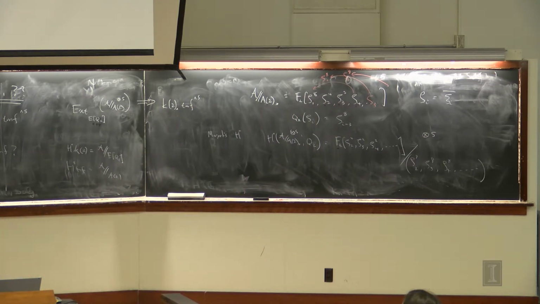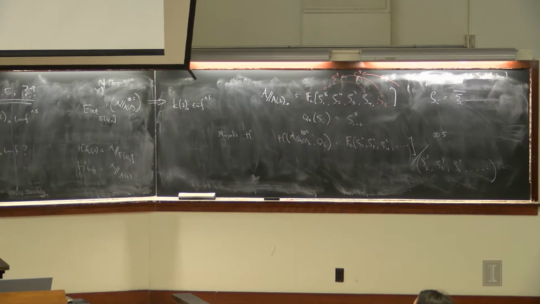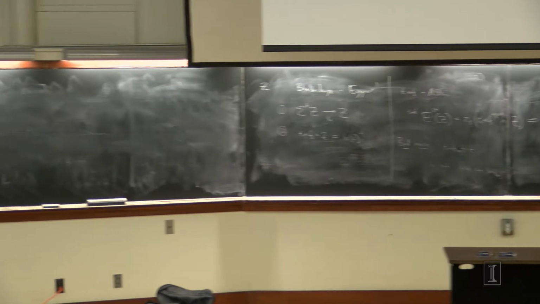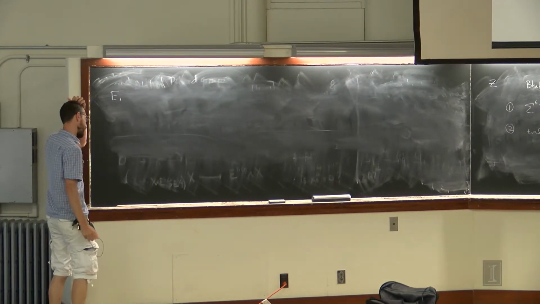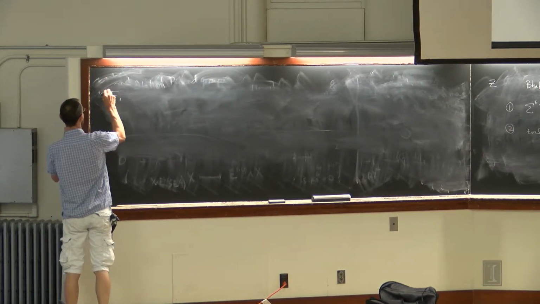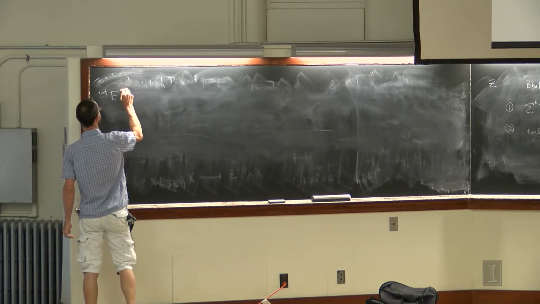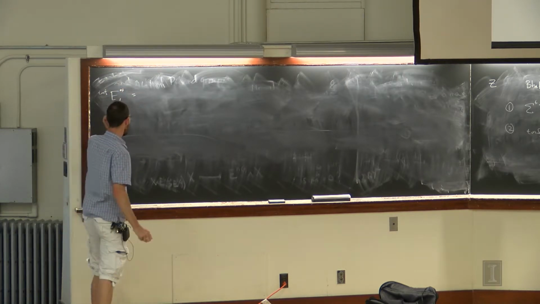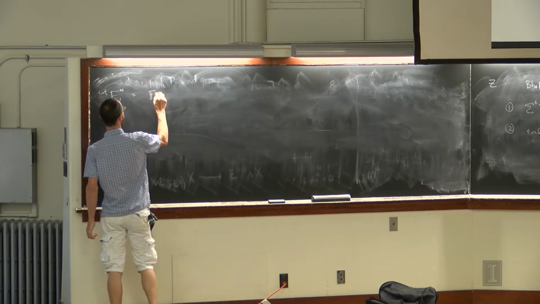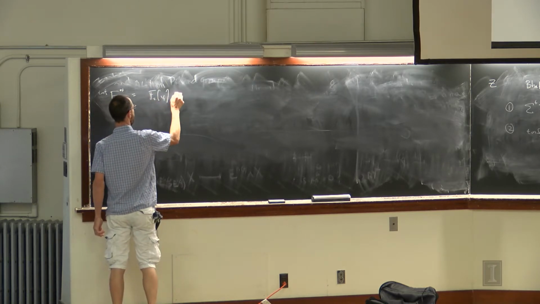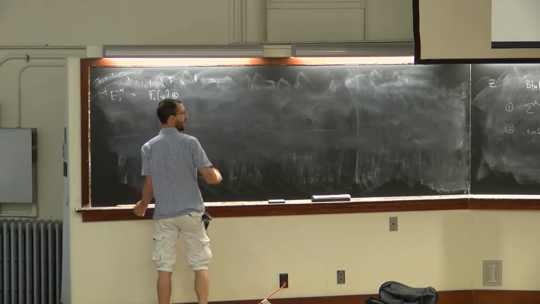Kunneth formula. So what do you deduce? So deduce that the E1 term of this thing is F2 adjoin V1 tensored with this thing.